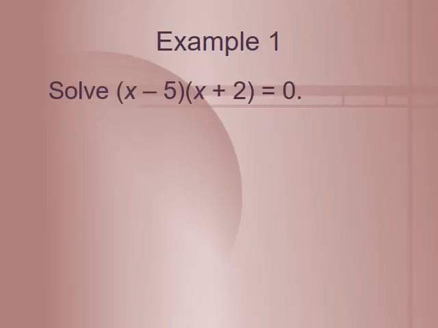We have: solve x minus 5 times x plus 2 equals 0. We could have more than one solution. We're going to go with x minus 5 equals 0 and solve for x.